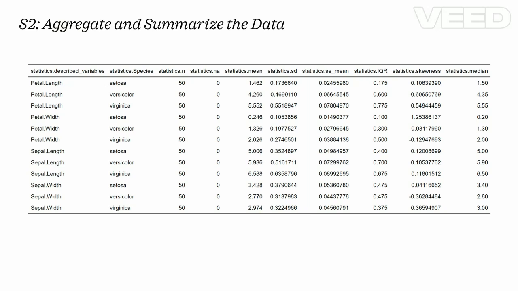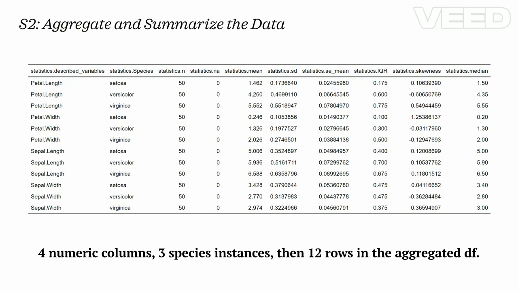And we do this for every numerical type of variable: petal length for each of the species, Setosa, versicolor, virginica, and petal width, sepal length, and sepal width. Because there are 3 species and 4 numerical columns, there are 12 total rows in this aggregated data frame.